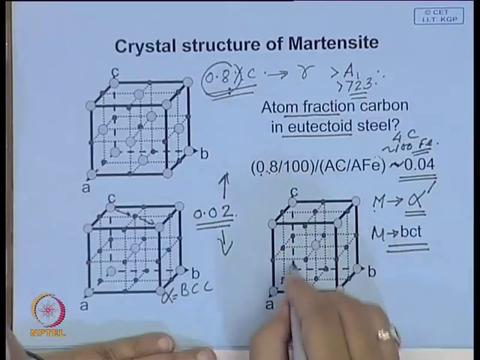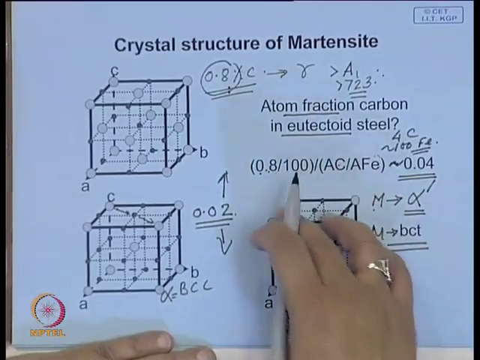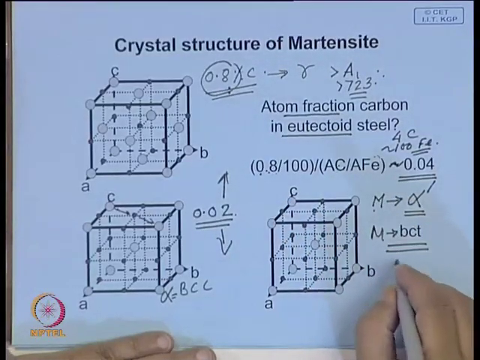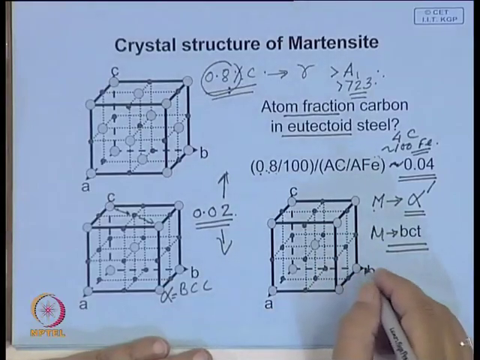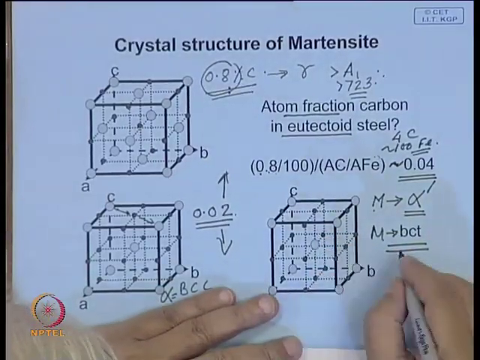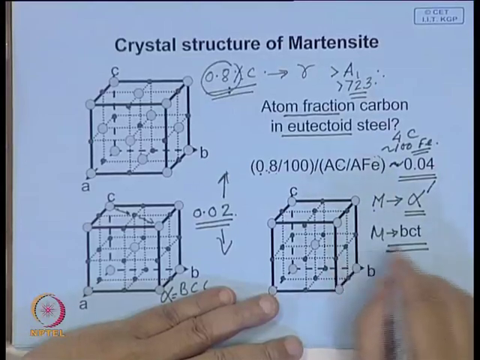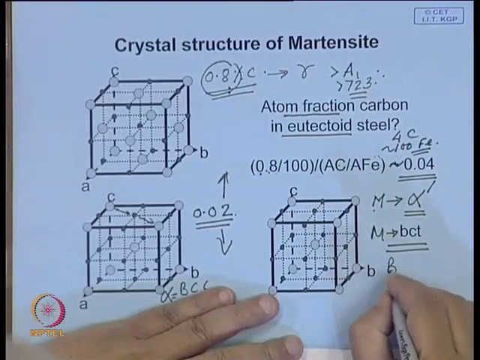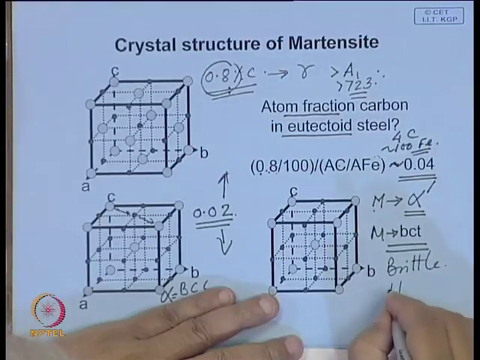Since you have kept so many carbon atoms by force, the lattice will be highly distorted, highly strained, and these carbon atoms will inhibit movement of dislocations, and that is why this microstructure is extremely hard, and with this hardness it becomes brittle as well. It is hard and brittle.